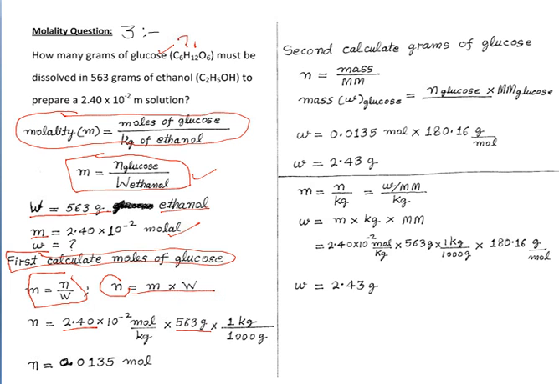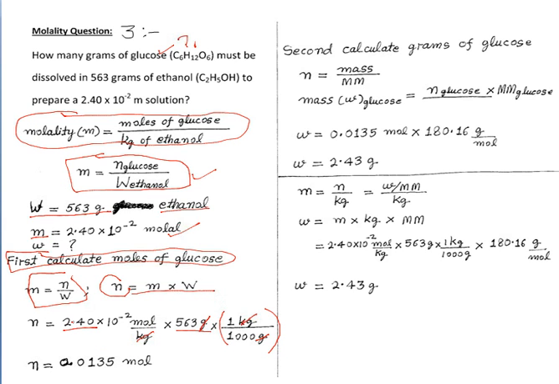The important thing here is that the solvent is given in gram quantity, but we have to convert it into kilograms. So we will use this conversion factor: 1 kg has 1000 grams, so it is easy to cancel the grams, converting grams into kilograms. Now when we solve, all the common units will cancel out and the answer will come in moles.